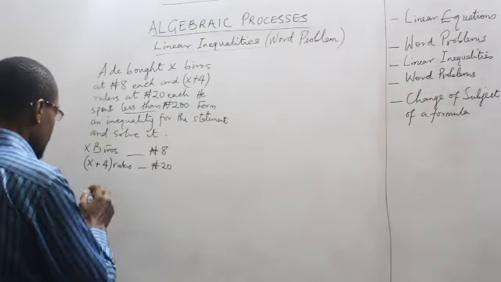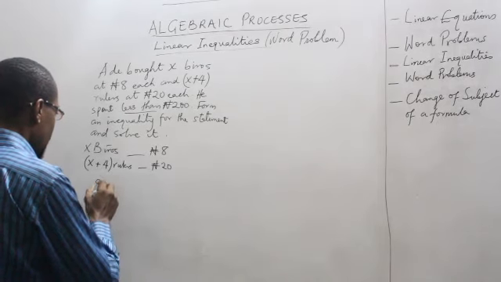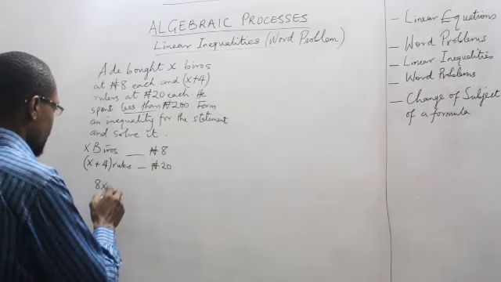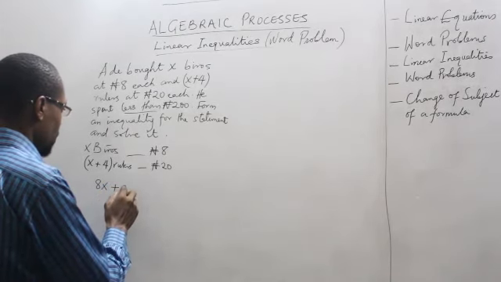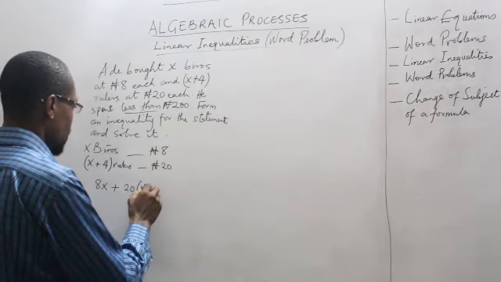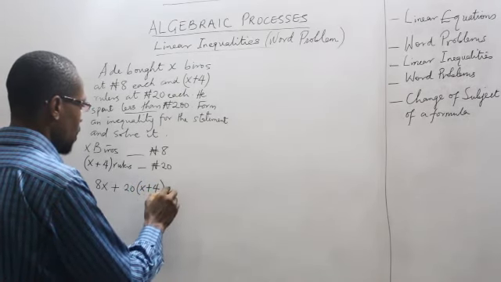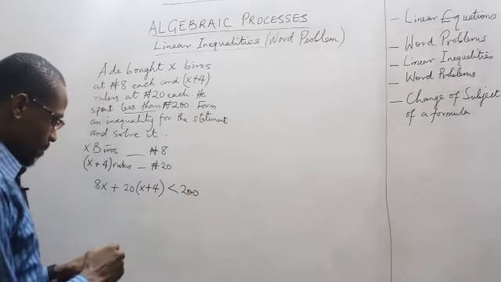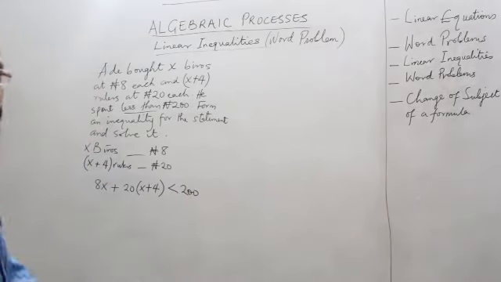That simply says that 8x plus 20 times x plus 4 is less than 200. That is our mathematical statement. The comparison has been made.